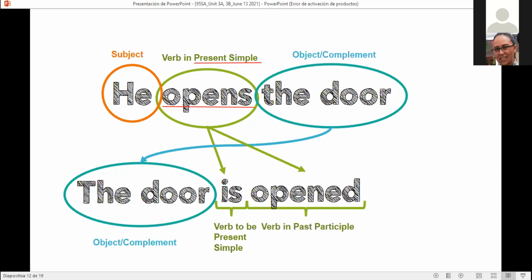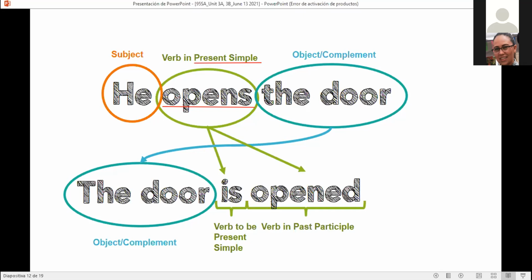Miren, esa es otra de las reglas. Es decir, que para nosotros fijarnos o poder formar esta voz pasiva, primero debemos tener el verbo to be. Ese verbo to be va a estar conjugado en el mismo tiempo que el verbo de la voz activa, ¿no?